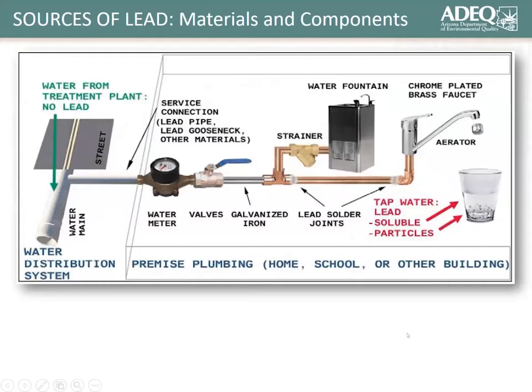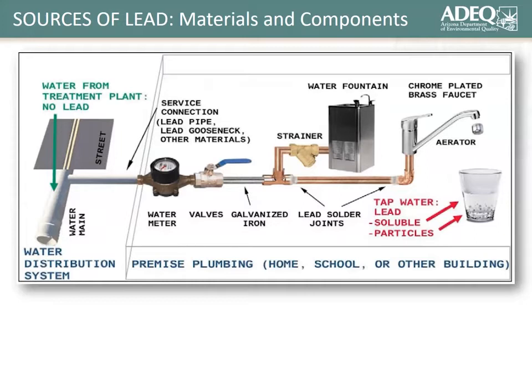Sources of lead, and I'm focusing more on lead because that's the precedent in the public health aspect that we think about, not so much copper, when it comes to drinking water tap results, really can come from a variety of different materials and components.